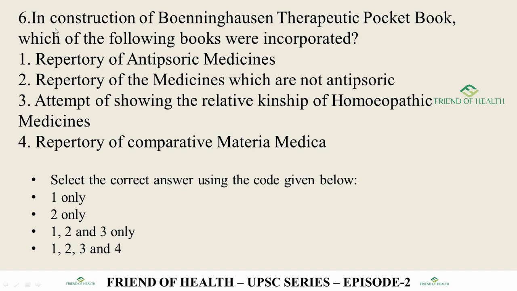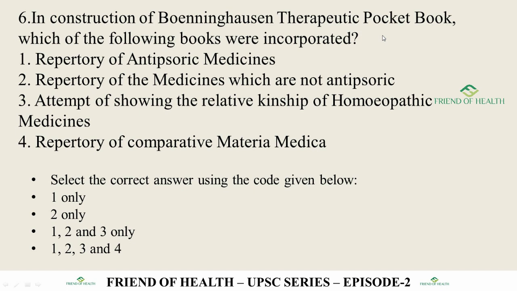So this question is, in construction of Boenninghausen's Therapeutic Pocket Book, which of the following books were incorporated? This question is about the evolution or the construction of the Therapeutic Pocket Book. Kent's Repertory, Boenninghausen's Therapeutic Pocket Book, and Boger Boenninghausen's Characteristic Repertory, BBCR: these 3, the construction, the evolution, everything is very important.